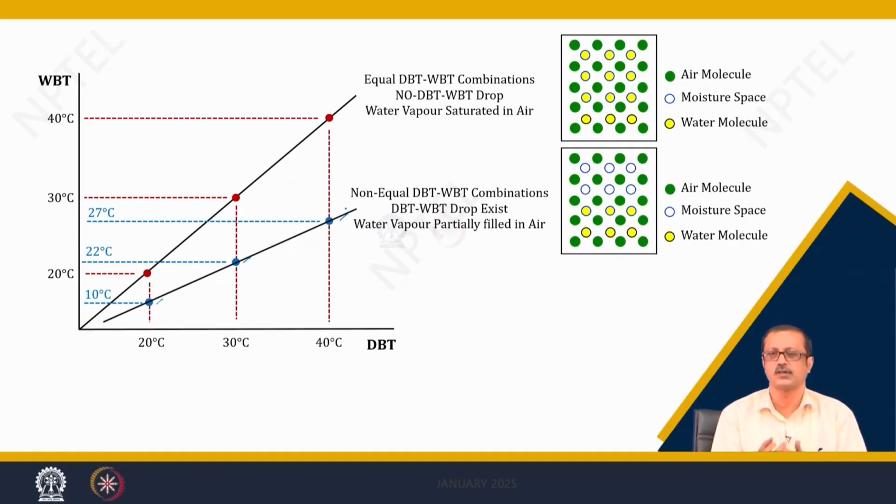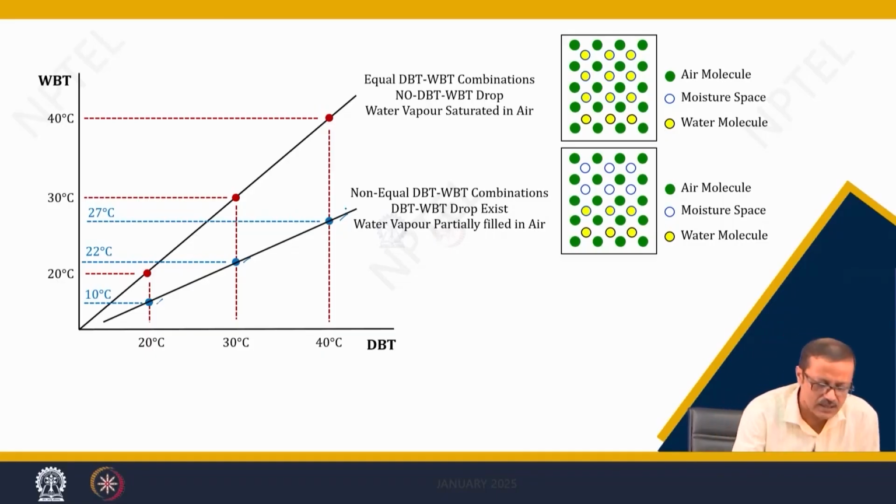So, the air will try to collect some of the molecules from this WBT, this wet cloth. The 3-phase diagram will look like this. There are some spaces available, and of course some spaces are also filled.